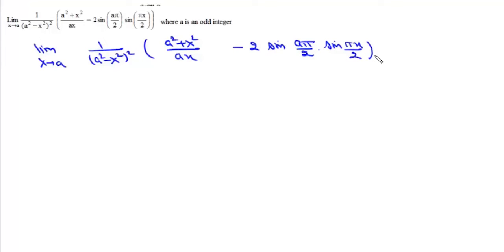Now we put x as a, it will be this 0 in the denominator and the numerator will be this 2 minus 2, 0, so it is 0 upon 0 form.